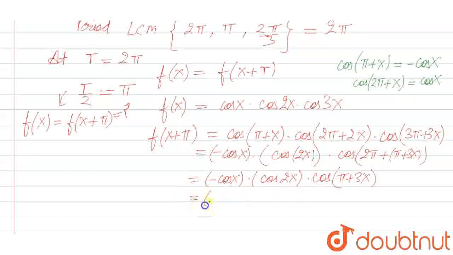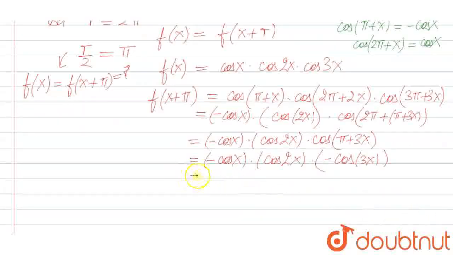Now this is equal to minus cos x into cos of 2x into cos of pi plus 3x. From this formula, cos of pi plus theta is minus cos theta, so that is minus cos of 3x.